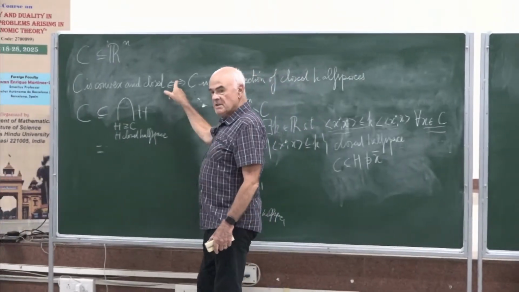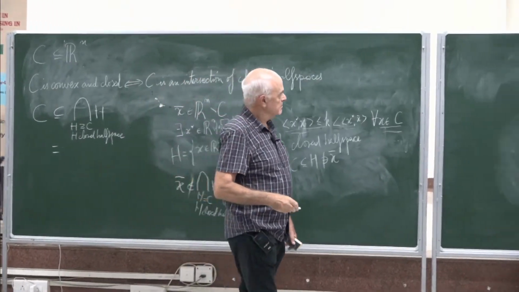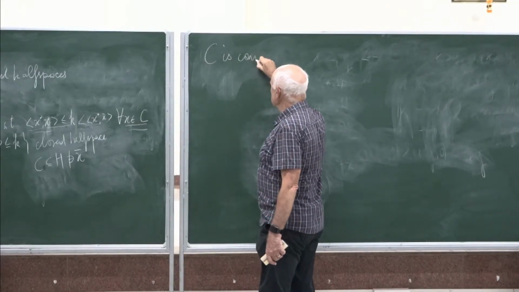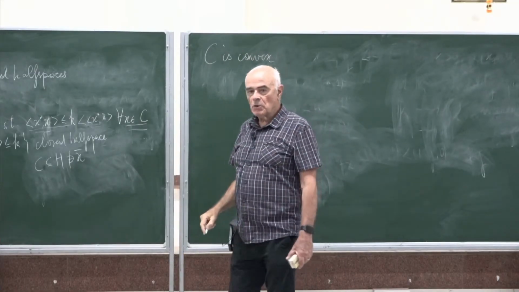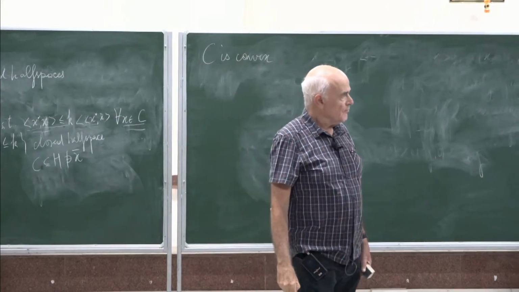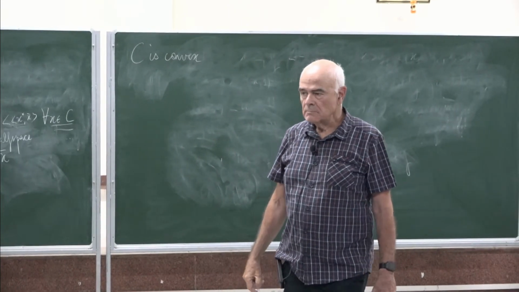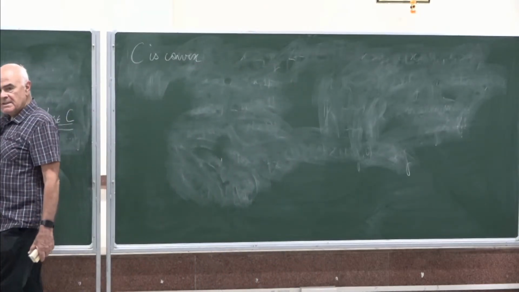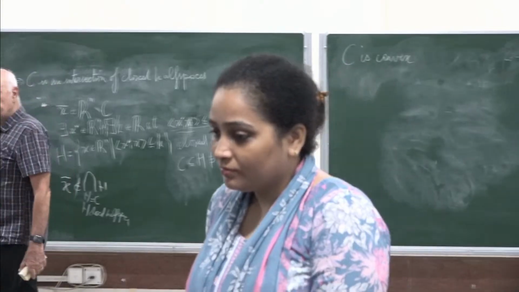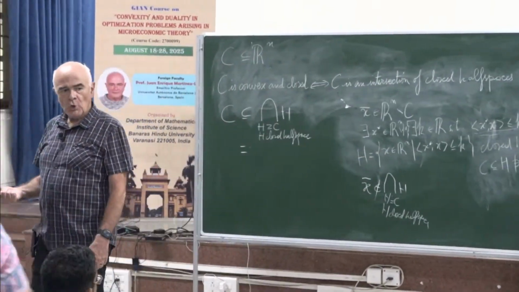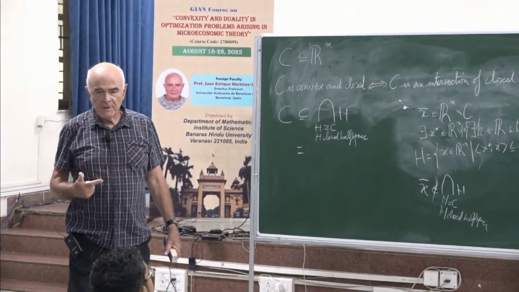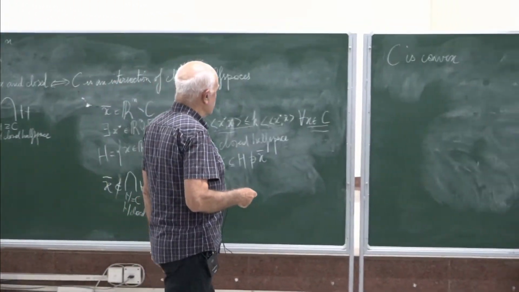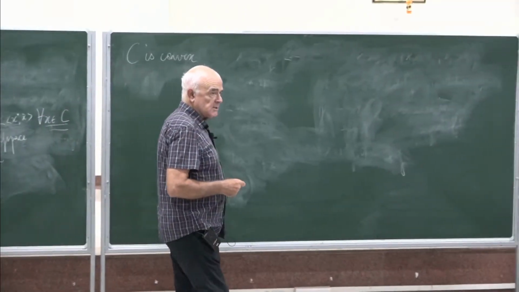So can we have a similar equivalence as here, with C convex but not necessarily closed? Is there another class of sets which play the role of closed half spaces in that statement? The answer is yes.